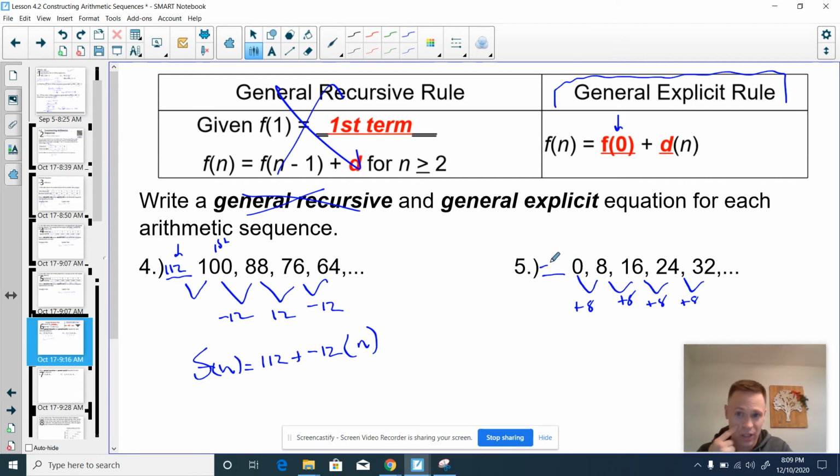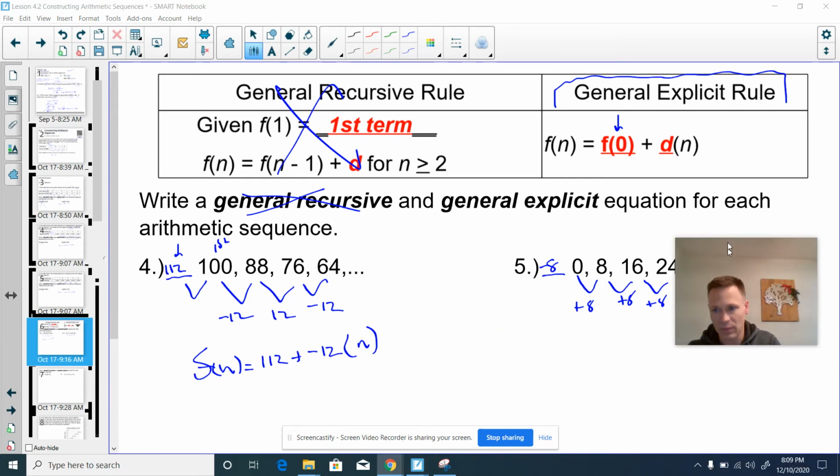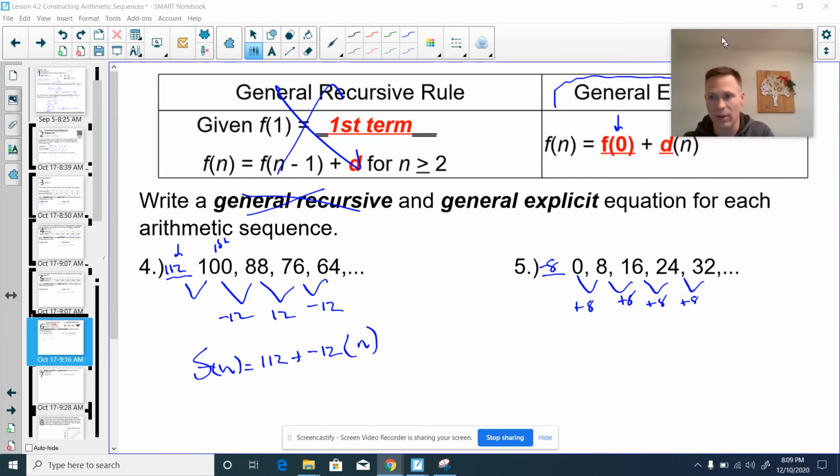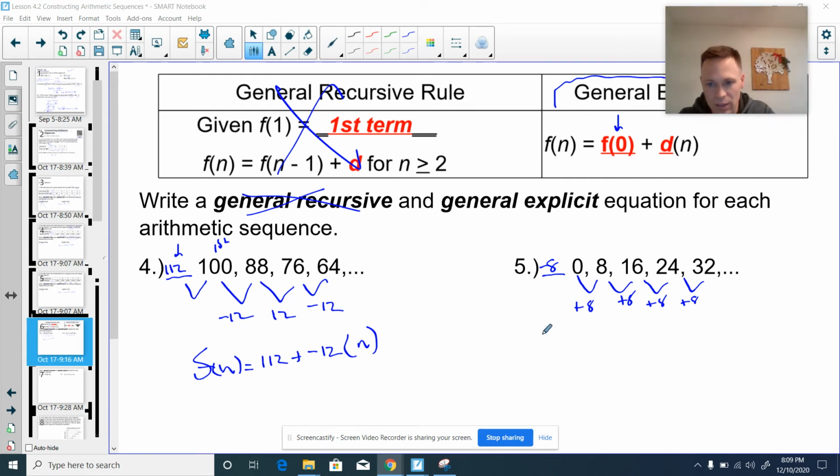So my 0th term is negative 8. So what I say is that f of n would then be equal to negative 8 plus my common difference, which is positive 8, times n. And then that would generate my sequence.